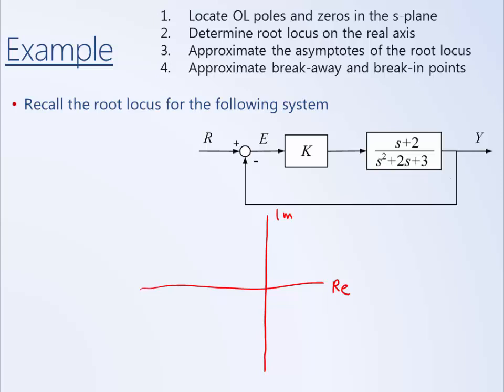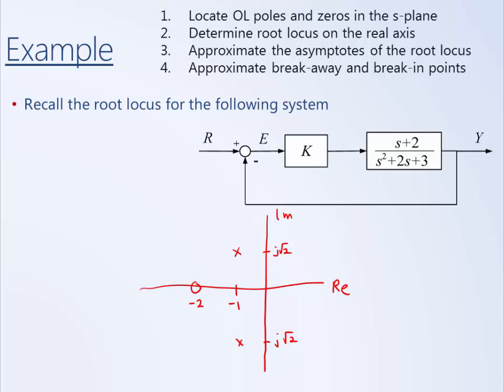If you recall, we had conjugate poles, one at -1 plus root 2j and -1 minus root 2j. And we had an open loop zero at -2. And so this defines where the branches of our root locus begin. They begin at open loop poles and they end at open loop zeros.